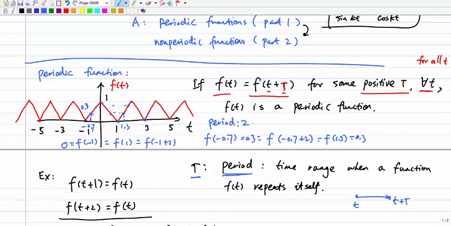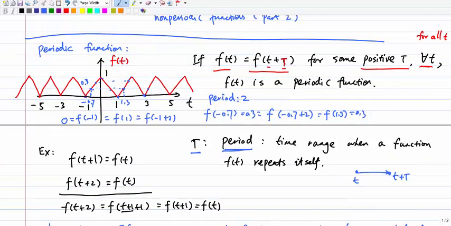Of course, there's another property we can say. If f(t + 1) equals f(t) for all t, we can also say f(t + 2) is also equal to f(t) for all t.